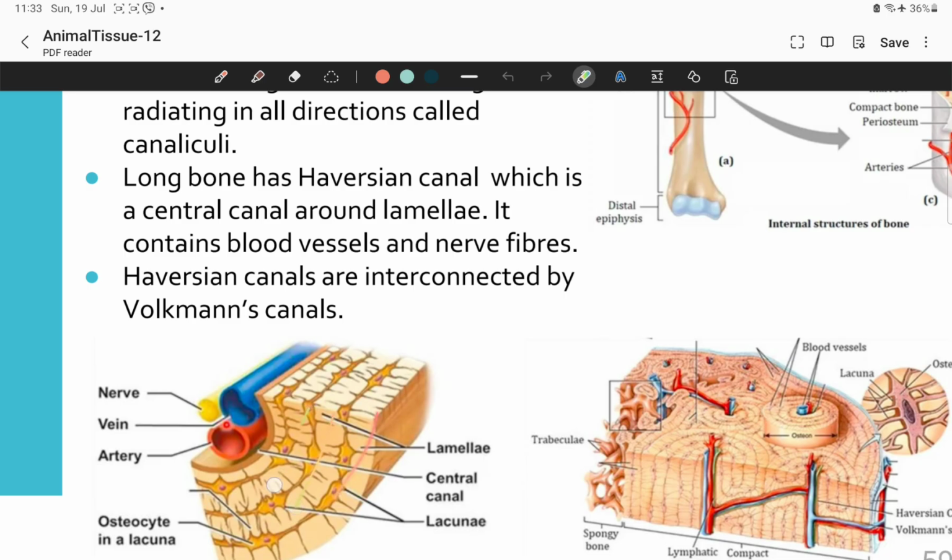Lamella means these layers, and at the center of the lamella we can find a tubular structure, known as the Haversian canal, and it contains blood vessels and nerve fibers. This is one Haversian canal, this is another. So in each lamella at the center you can find the Haversian canal, and those Haversian canals are interconnected by a horizontal structure known as Volkmann's canals.